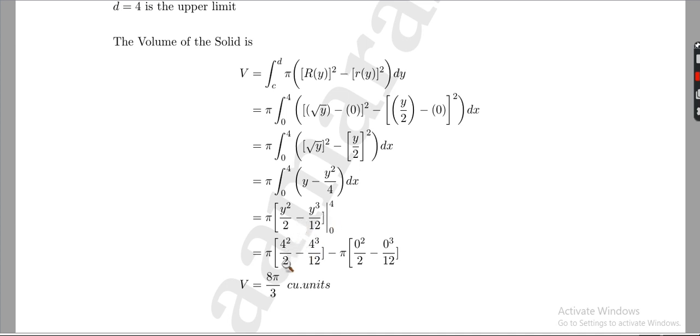So we have pi times 4 squared over 2 minus 4 cubed over 12, minus pi times 0 squared over 2 minus 0 cubed over 12. So this is simply equal to 0 yung ating second term. So the volume of the solid is equal to 8 pi over 3 cubic units. Thank you.